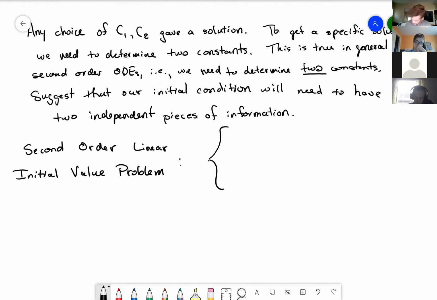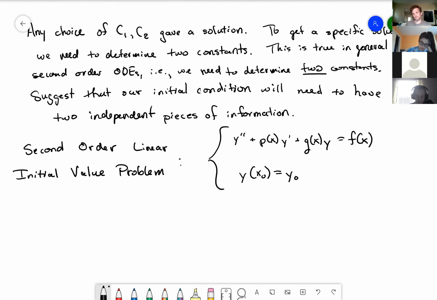So of course we have our second order linear ODE. That's the general form of that. And then our initial value. Just like before, we had at some value x0, we had some y0. But we need an additional piece of information, and the additional piece of information that we always insist upon is what is our solution's first derivative.